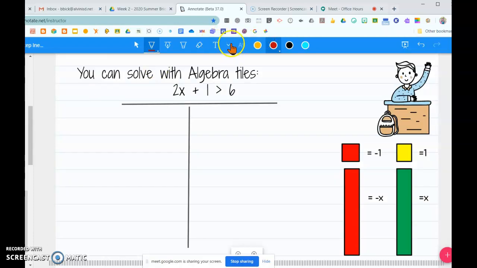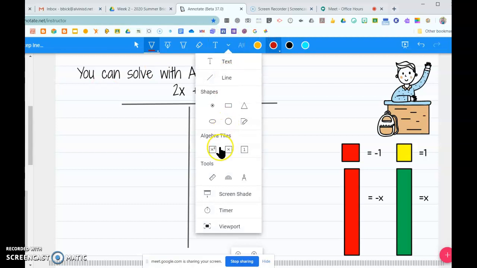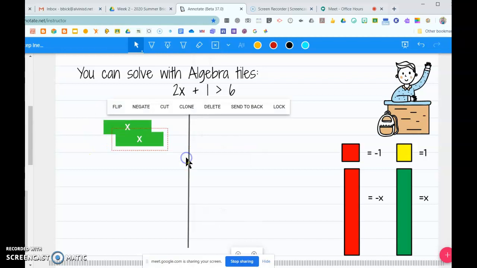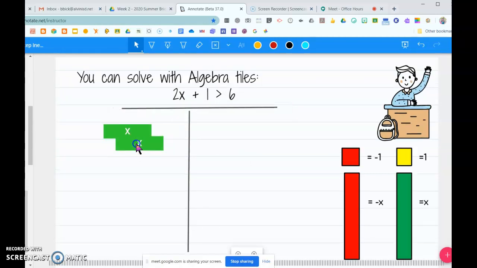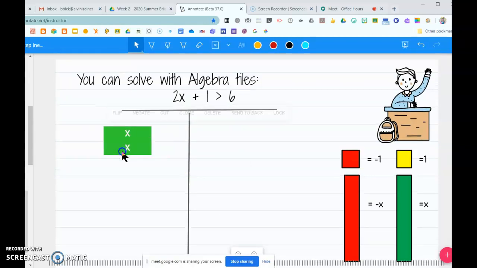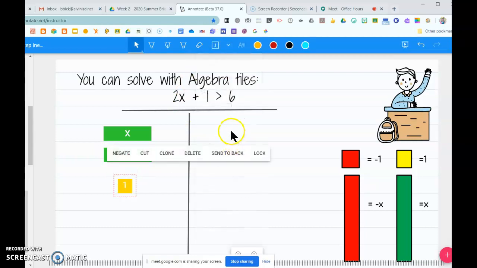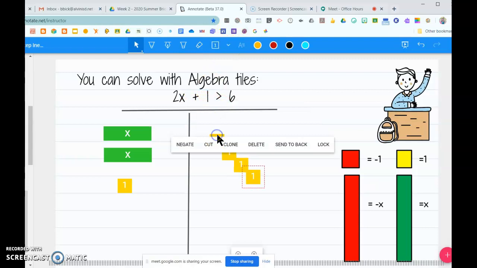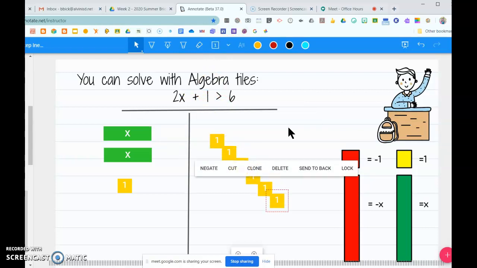I'm going to start out by showing you with algebra tiles how this works. So if we have 2x plus 1 is greater than 6, you treat it just like, okay, so now we're going to solve it just like we did the other day.